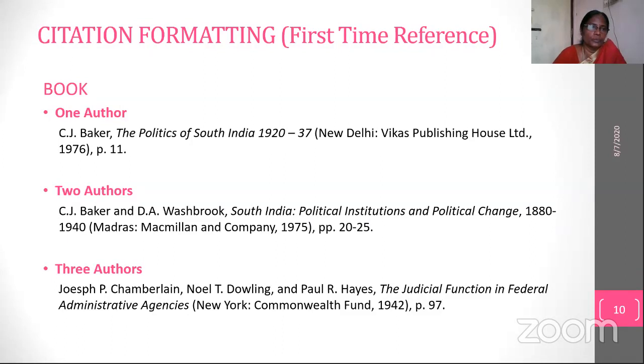Suppose it is a book you are going to cite, to refer. It may be placed at the end of the page or the end of the paper. Okay, two authors.